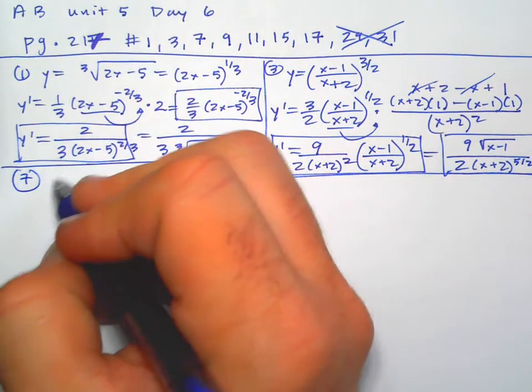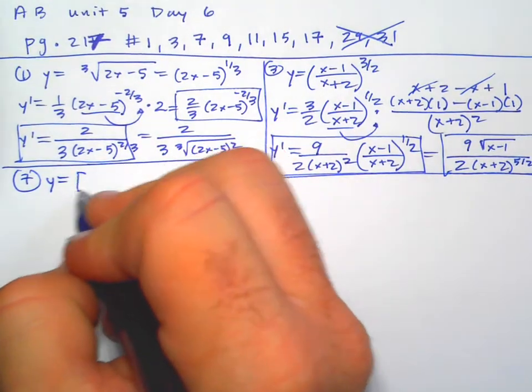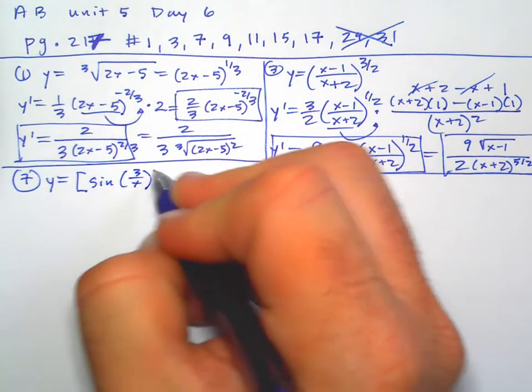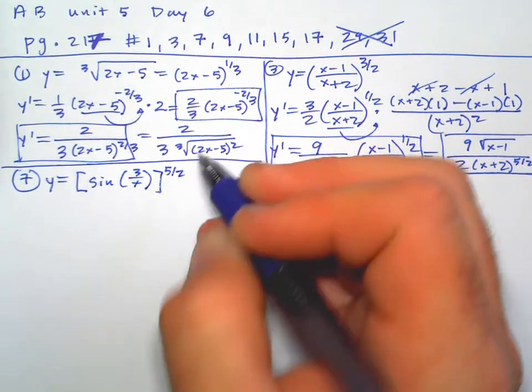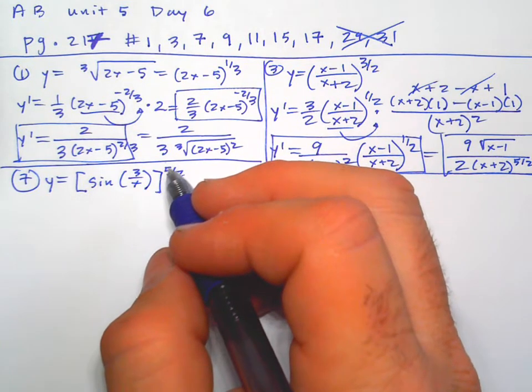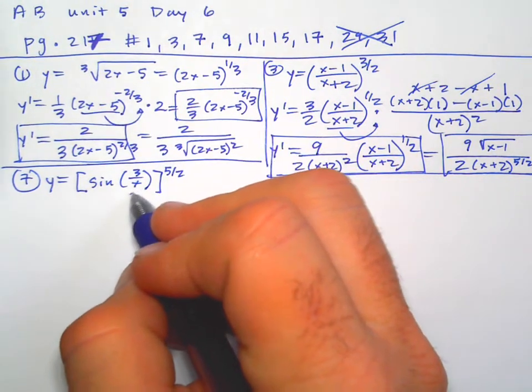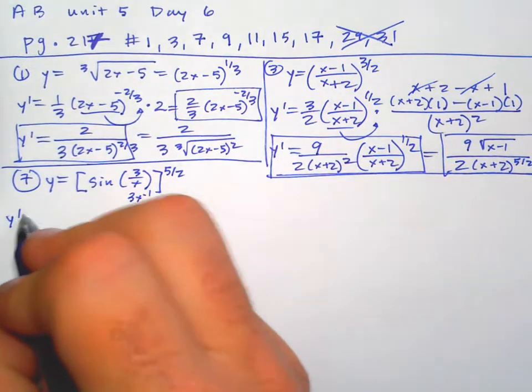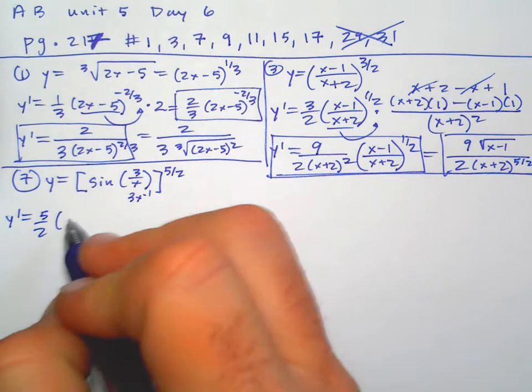Number 7, y equals sine of 3 over x to the 5 halves. Now I think I would treat this as 3x to the negative 1, so I don't have to do a quotient rule. But first thing is going to be power rule, 5 halves.